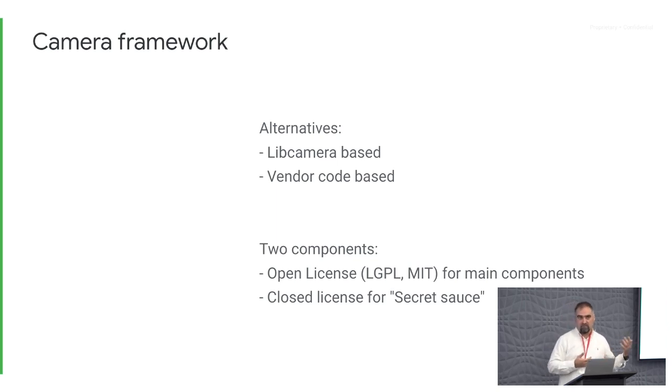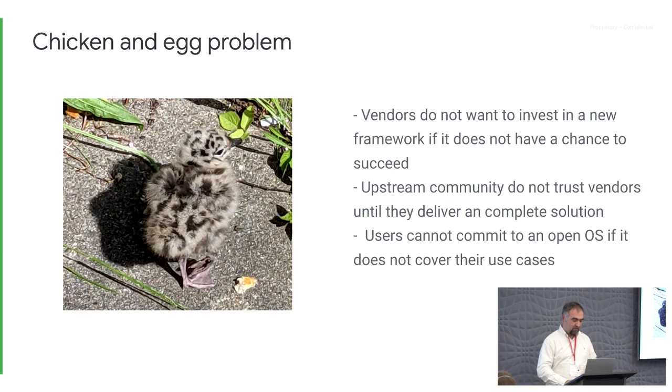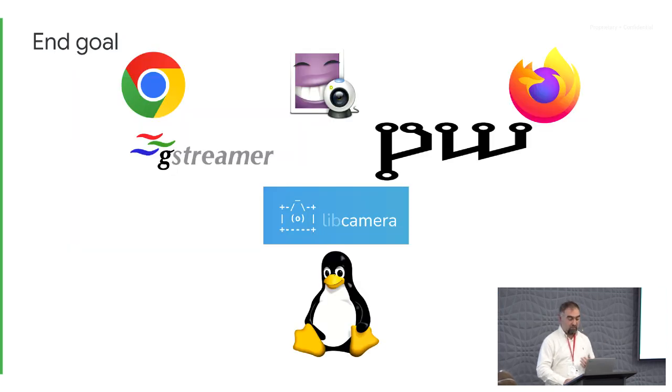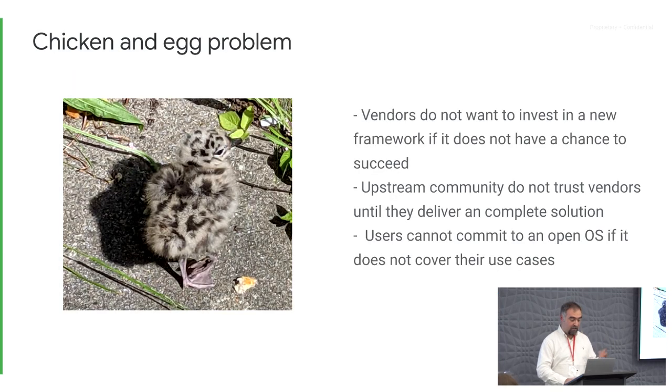Also, today this code doesn't exist yet, and we need to work on it. What we have today is some vendor code, which is mostly open with some proprietary components, and we can work with the vendor to make everything as open as possible. But my goal is to have something based on libcamera, or something more open and more generic than vendor code.